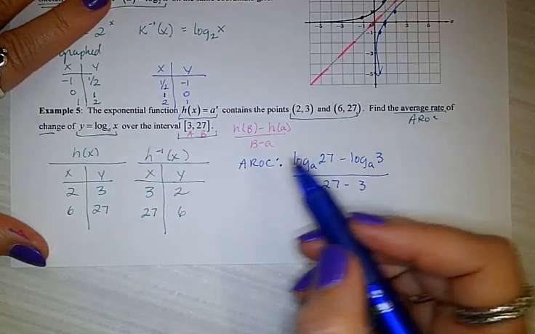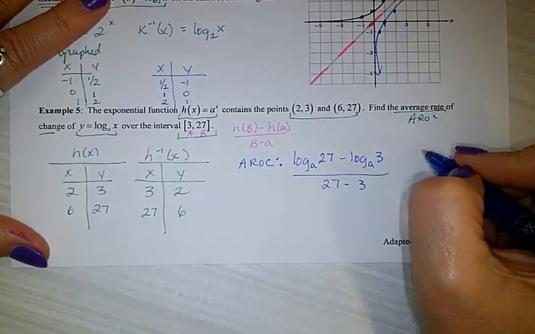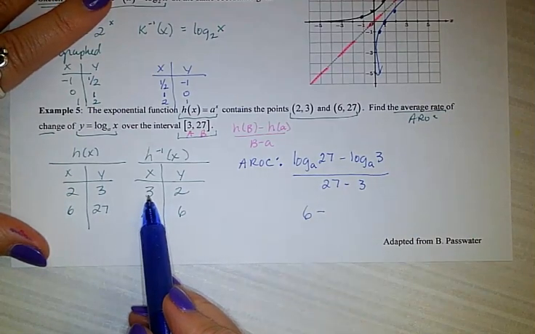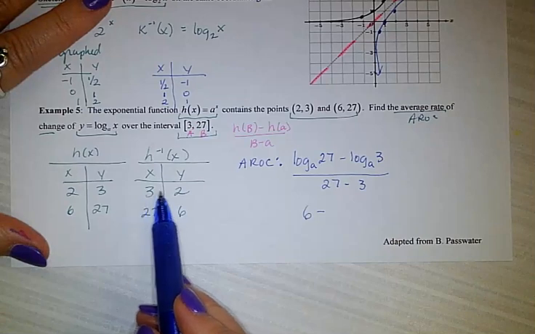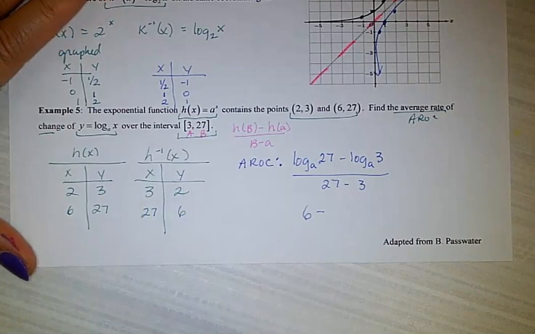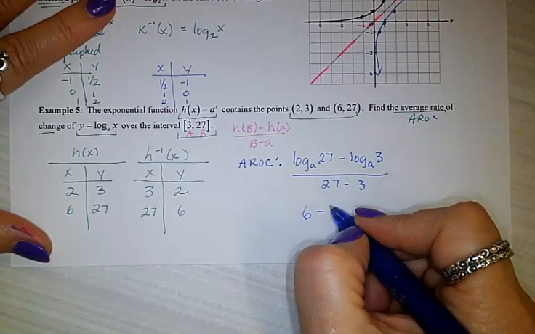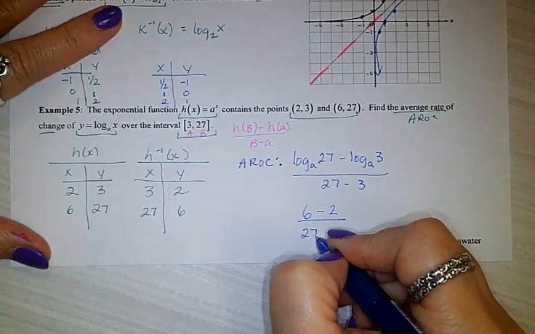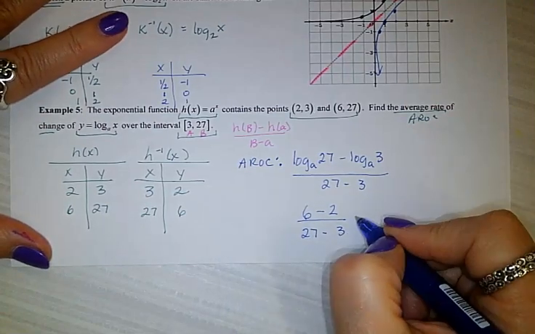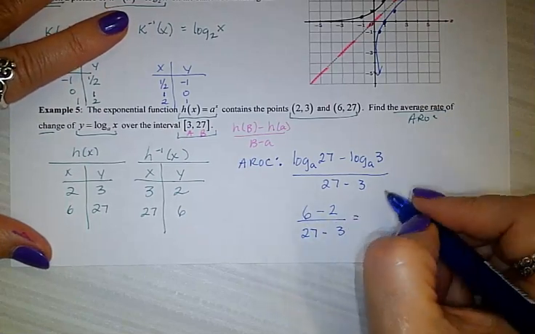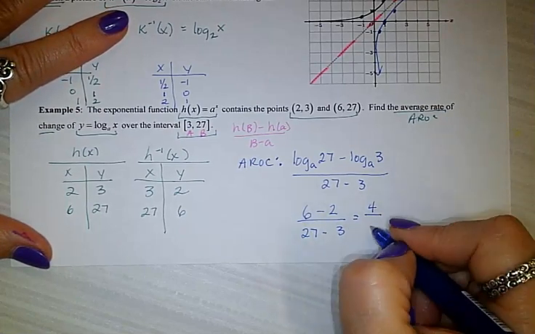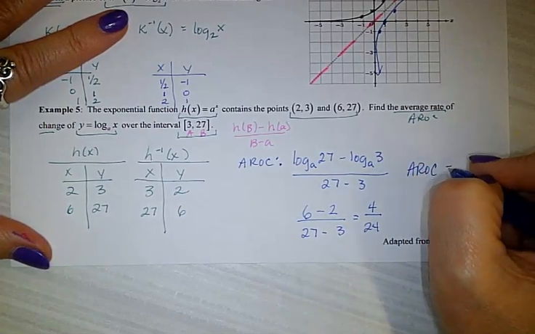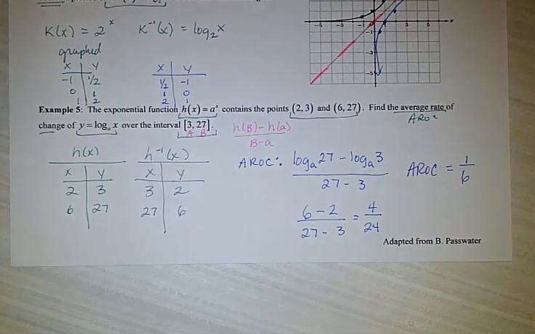So log base 3 of 27 is 6, minus log base 3 of 3, sorry, is going to be 2, and then I subtract all over, and then on the bottom is B minus A, so 27 minus 3. So when I do the math here, I get 6 minus 2, which is 4, over 24. So my AROC is 1/6, and that's my average rate of change.